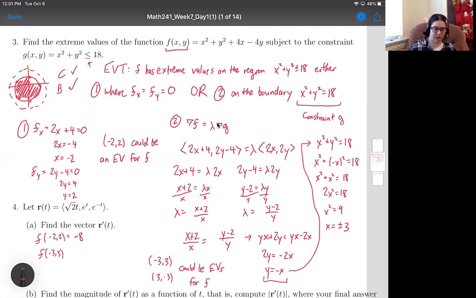That's going to give me 9 plus 9 minus 12 minus 12, which is negative 6. And f of 3, negative 3 is going to give me 9 plus 9 plus 12 plus 12. So that's going to give me 42. And I'm going to conclude that the 42 is the absolute max. Negative 8 was the absolute min.